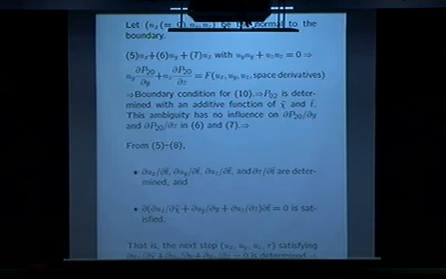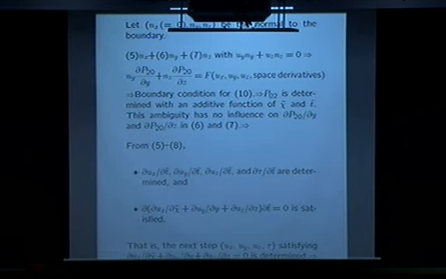Then you get this condition. Here again, the time derivative term also vanishes. Okay, and then this is the boundary condition of the Poisson equation. From that, P2 is determined up to an additive function of the x variable and t.